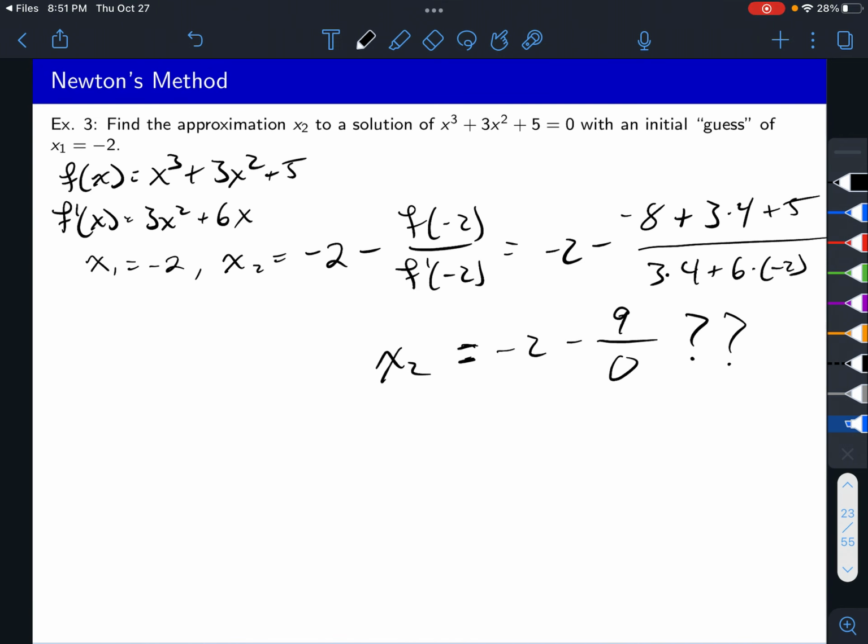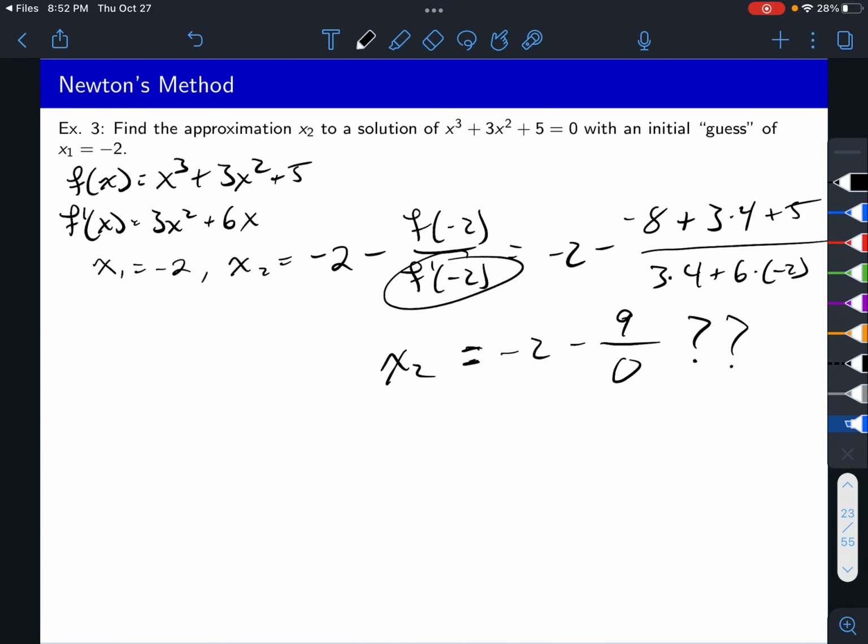Well, what we ended up doing was basically using f prime of -2 for our denominator. And f prime of -2 ended up being, well, this was 12 minus 12, which is 0. So f prime of -2 is equal to 0. What does that tell us about our tangent line?